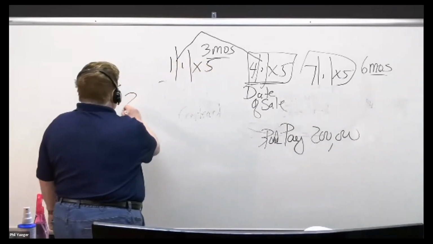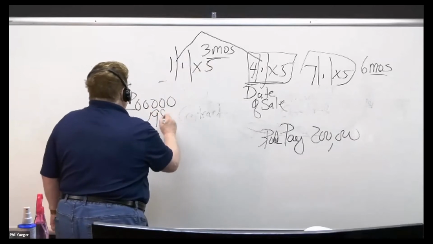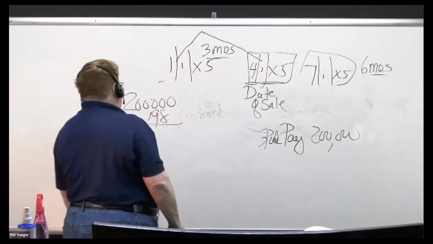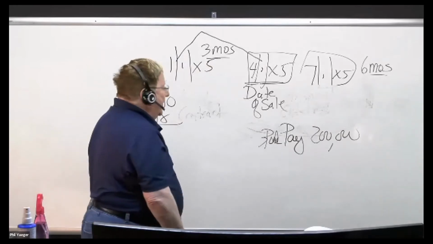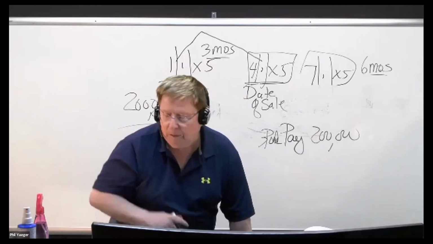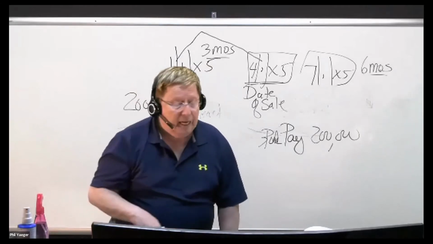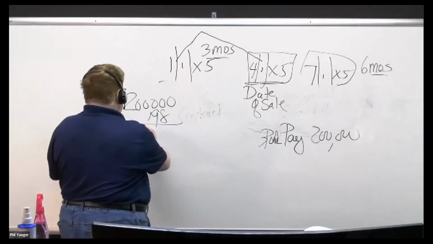They're going to get 200,000 times 98%. What's 98% of 200,000? 196,000. Yes. So this is 196.